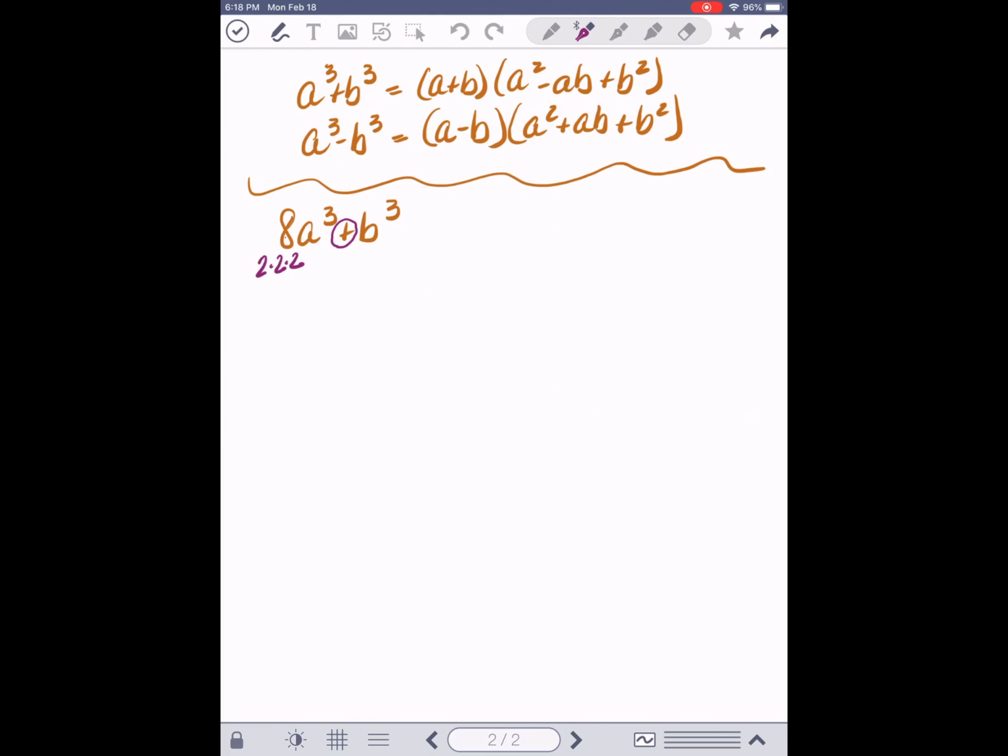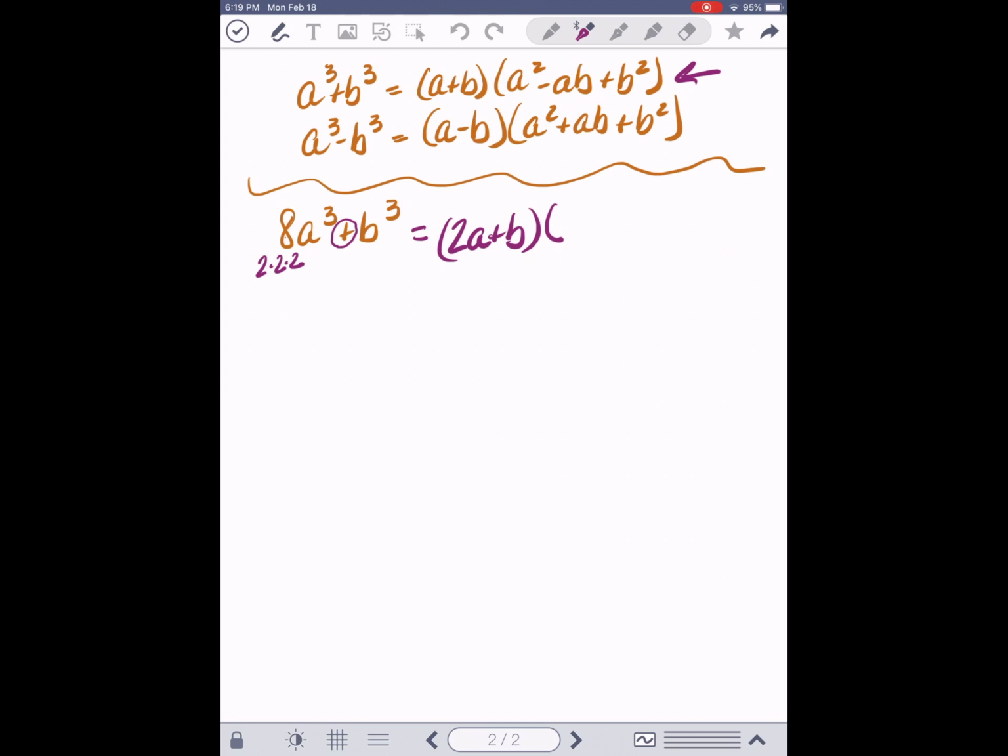We have 8a cubed plus b cubed, so we want to use this formula here. If we did that, then we have 2a plus b. Remember, this is the 2 times 2 times 2, so we have to have 2a.